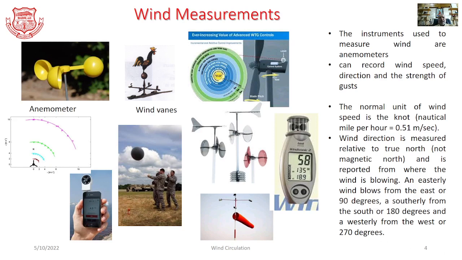As we try to understand the meteorological concepts, we must be in a position to understand the wind velocity as well as its intensity, its strength, its direction. In order to measure these parameters, the instruments that we use are called anemometers.